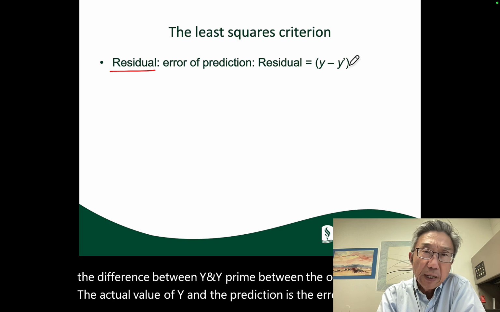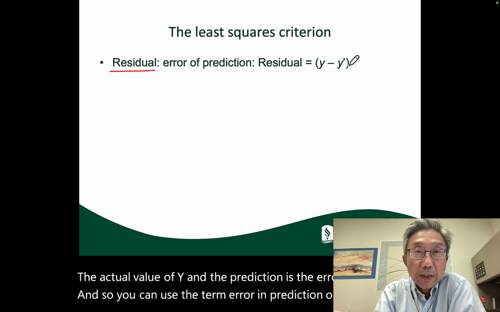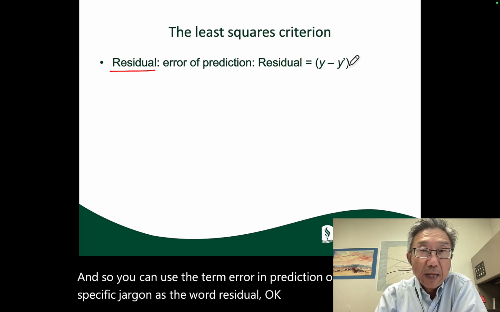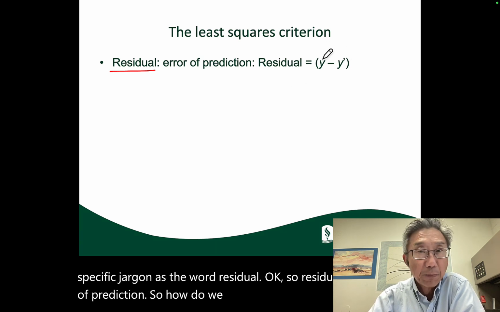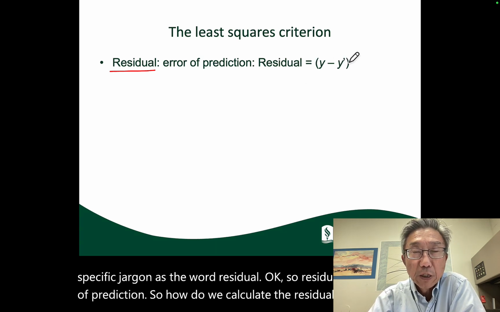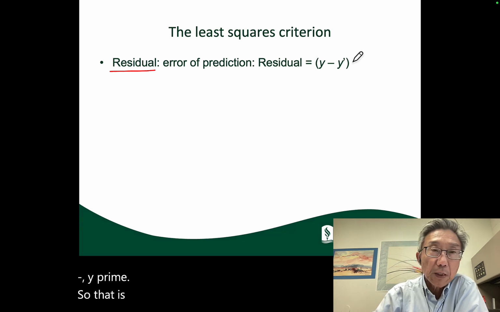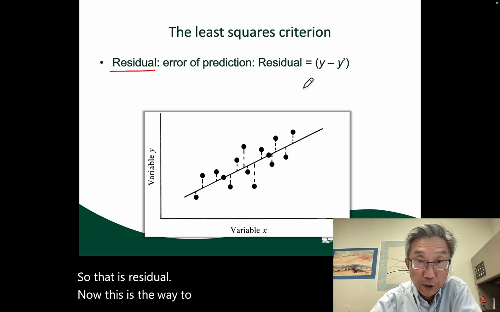So you can use the term error in prediction, or we can use the specific jargon, the word residual. Okay, so residual is just error of prediction. So how do we calculate the residual? Simple, it equals y minus y prime. So that is residual.